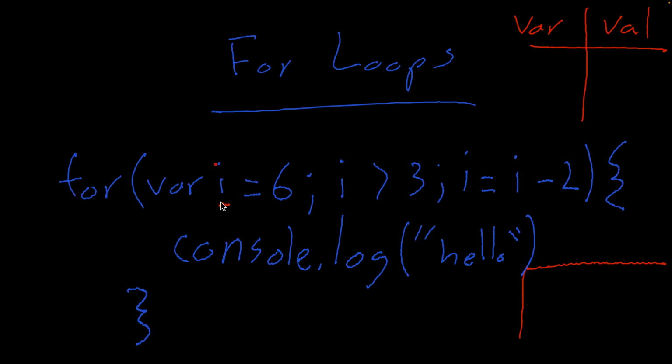Var i equals 6. That's what we start with, right? So i equals 6. We check here, is i greater than 3? Yes, true. 6 is greater than 3, so then we do this.